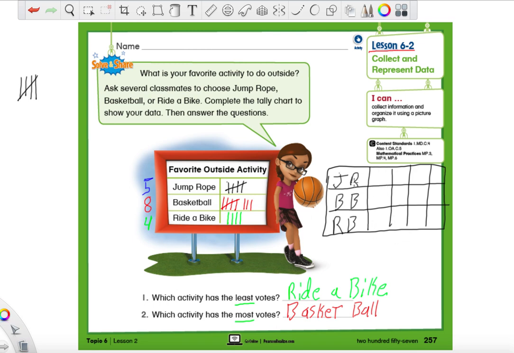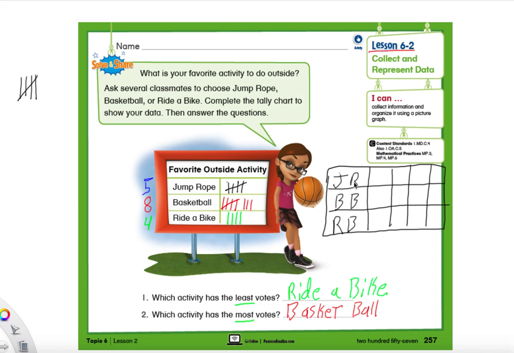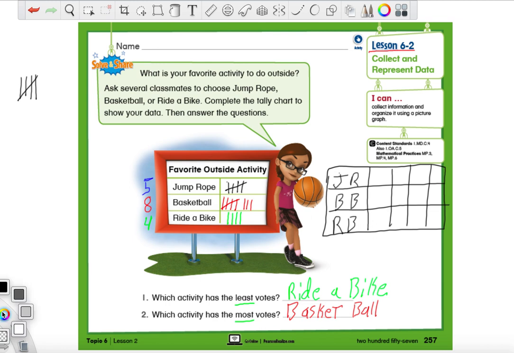Now, there is something called a picture graph that we're going to be learning about today. We're going to be taking data, however you like to say it, and we're going to transfer it into a picture graph. So when we use a picture graph, we have to make sure that we use something that people can recognize really easy. For jump rope, we could do something really silly and goofy and just make a squiggly line, because jump ropes are kind of like squiggly lines, right?